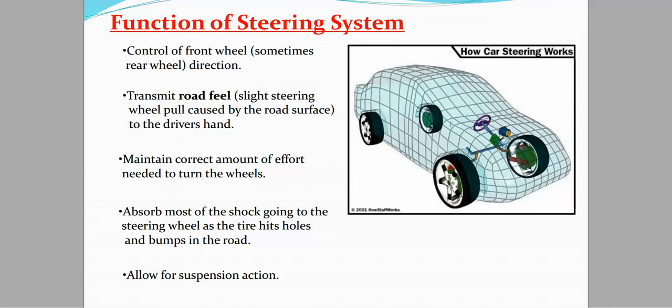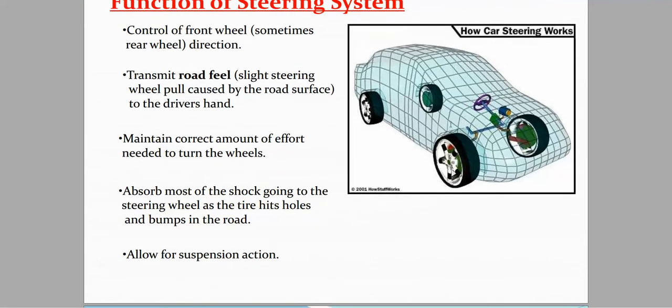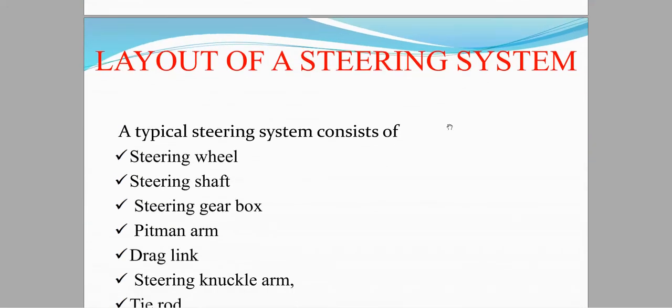It maintains the correct amount of effort needed to turn the wheels. It absorbs most of the shocks going to the steering wheel as the tire hits the holes and bumps in the road. And it allows for suspension action also.